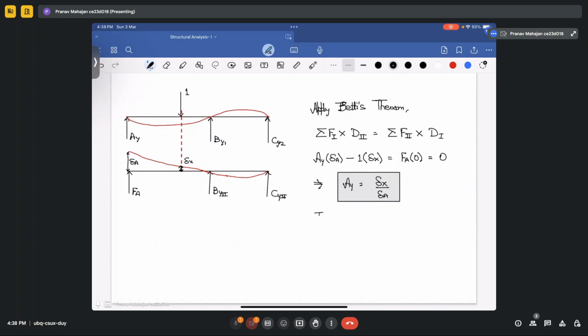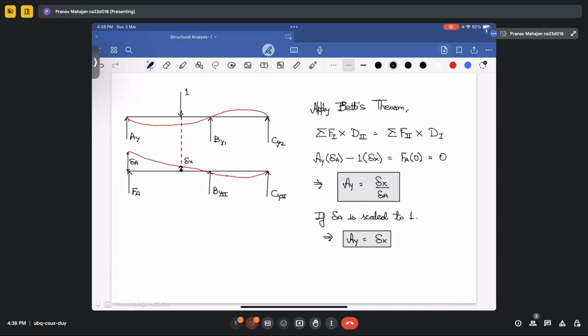So if you keep delta A equal to 1, your AY will be equal to delta H. That is why we apply a unit displacement at that particular point to determine the corresponding value of deflection due to the moving load that is provided over a certain length of the beam.